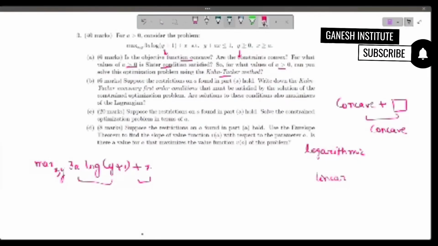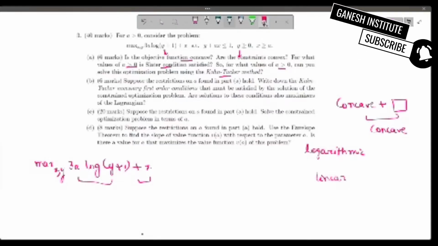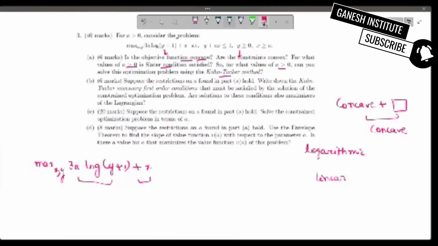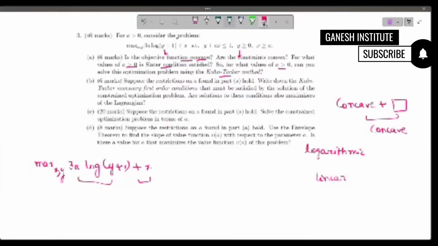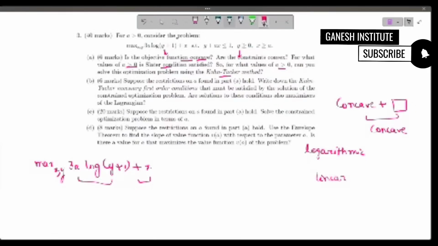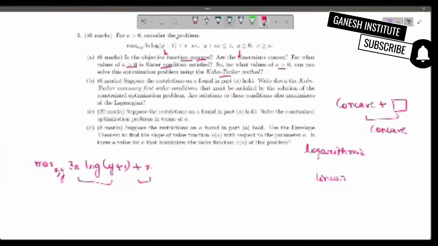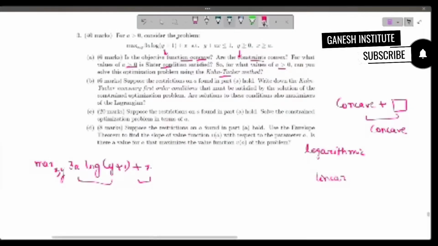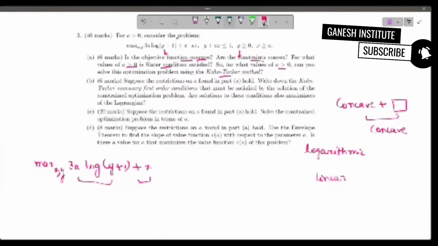No, it is going to be concave. So the objective function is affine, right? If you add a linear function to anything. Now, the question was, is the objective function concave? Yes, it is concave. Next is, are the constraints convex?